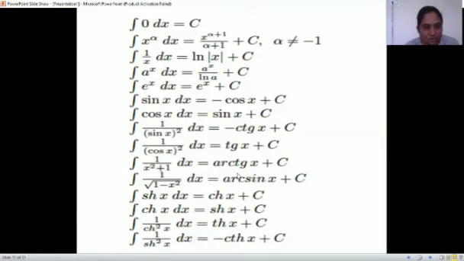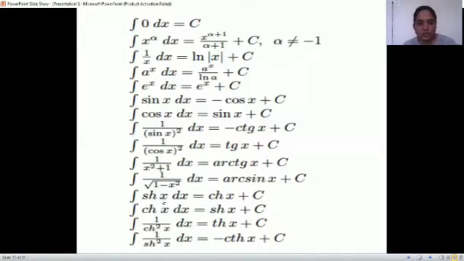Arc is for inverse. Then integration of sin hyperbolic x is cos hyperbolic x, and integration of cos hyperbolic x is sin hyperbolic x. If we see, integration of sin is minus cos and cos is sin, but in the case of hyperbolic, there is no negative sign in any case.